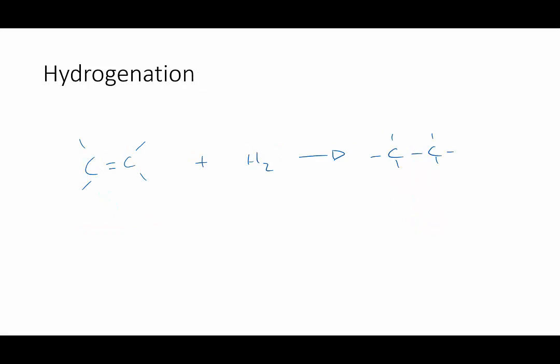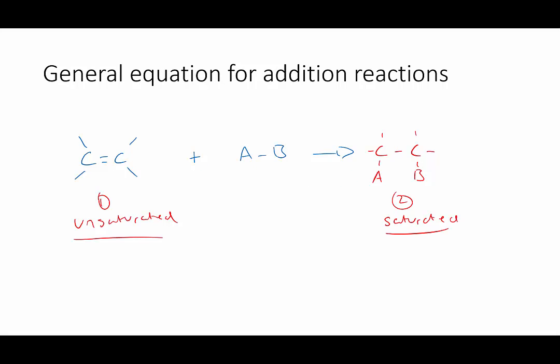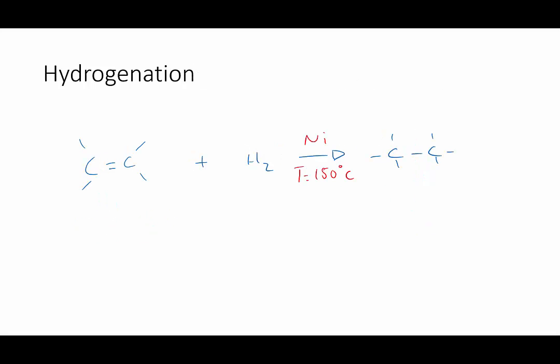Let's talk about hydrogenation. This is when we're adding hydrogen gas to a gaseous alkene over a catalyst, and this catalyst is a nickel catalyst. You've covered this in GCSE. Again, it's nothing new, we're just going to have a look at how it forms. The conditions we need are a nickel catalyst and a temperature of about 150 degrees Celsius. Looking back at the general equation, I'm sure you can deduce what happens in this case.